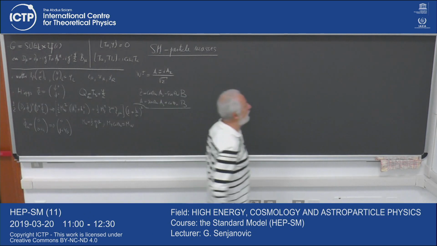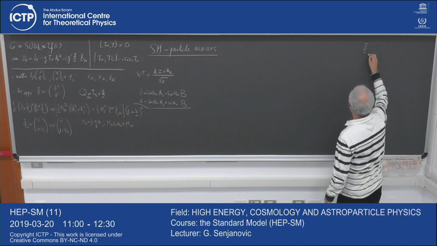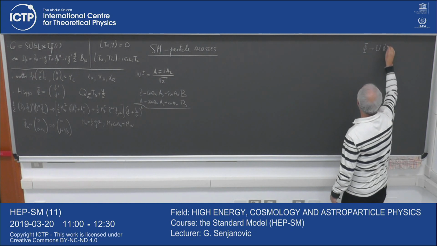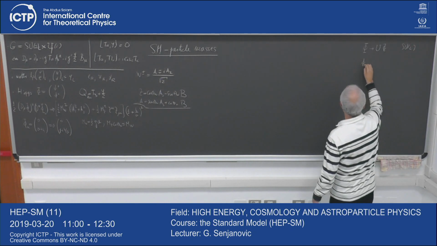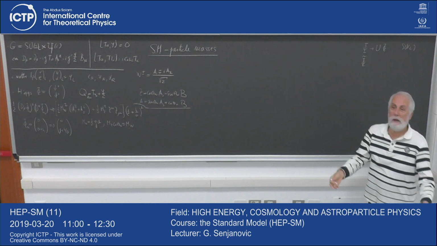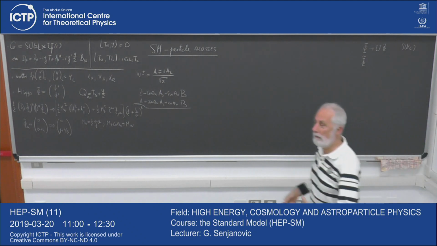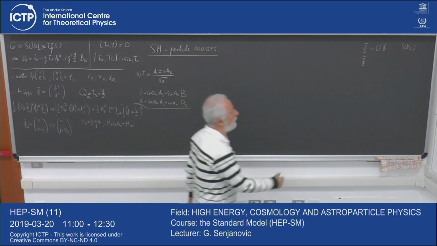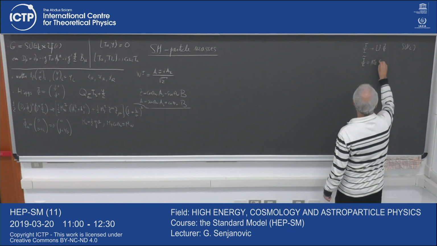Or better to say, here's when we said, when there is a field phi which transforms as U phi under SU(2), there is always an anti-field. After all, when there is an electron, there is a positron. Whenever you have a complex field, you have an anti-field. That's the beauty of quantum field theory, right? For every particle, there is an antiparticle, which is simply a complex conjugate, which was i sigma 2 phi star.